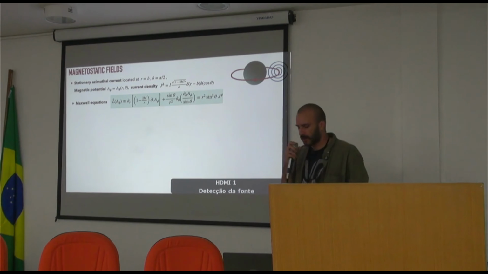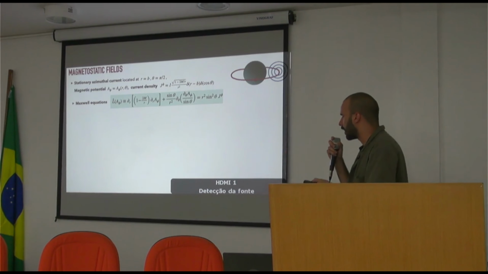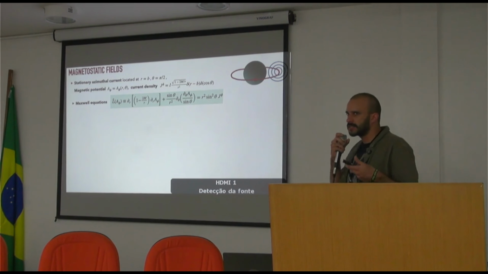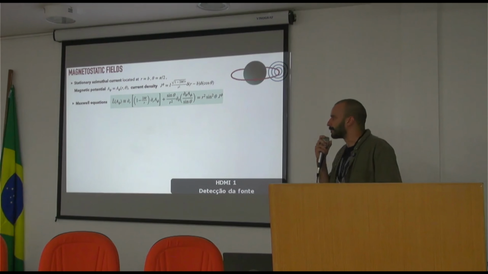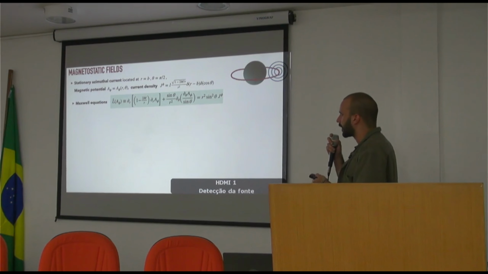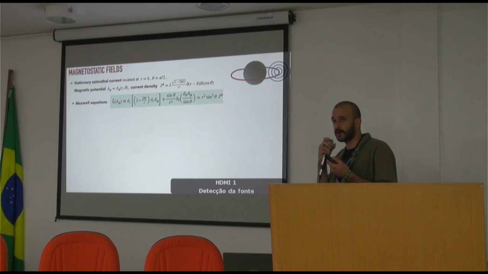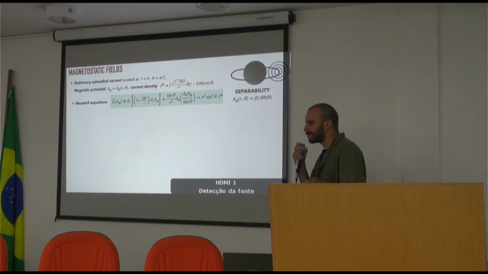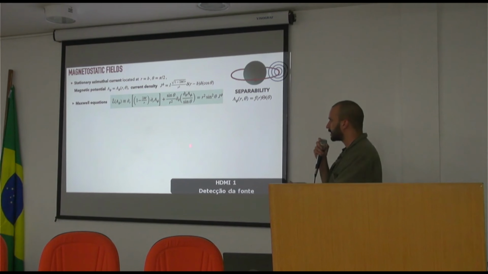Now, solving partial differential equations is, as you know, quite complicated in general, but this system is sufficiently easy to address. And in particular, we can exploit the fact that this spacetime has some separability properties. In particular, we can make the ansatz that the azimuthal potential will take a separable form.